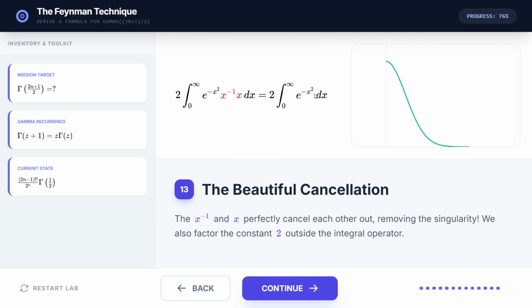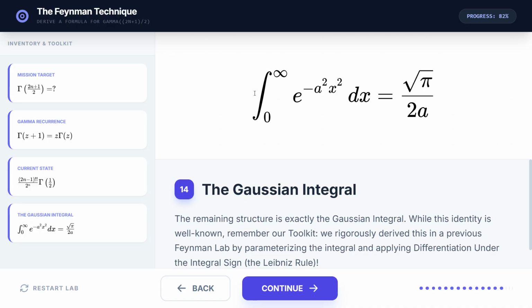Now on this channel, we've derived a generalized form of this. We know the value of this function when we have the parameter a inserted in there. We derived this about a month back on this channel using differentiation under the integral sign. We determined that this was true. Now this is the general form of our specific case where a is equal to 1.